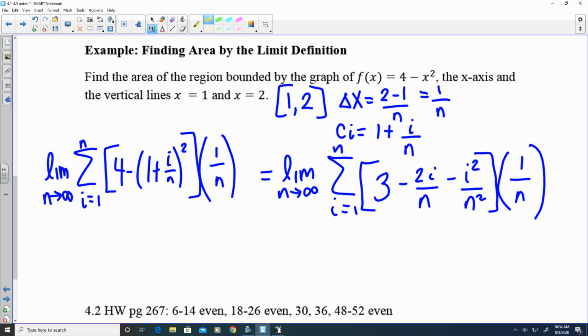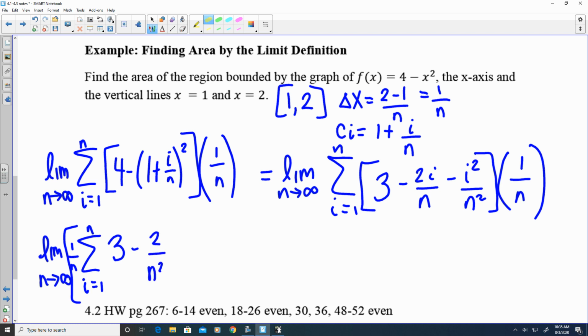At this point, then, I would split it up into the 3 separate summations. The first summation is, if I throw the 1 over n on the outside, from the delta x, then all I have left is 3. On the next one, I would have a 2 over n squared on the outside, and all I have left in here is I. And the last one would be 1 over n cubed, where all I have left is I squared.